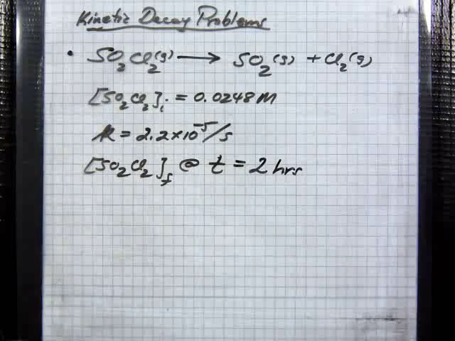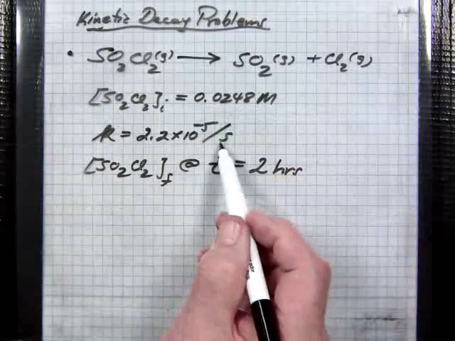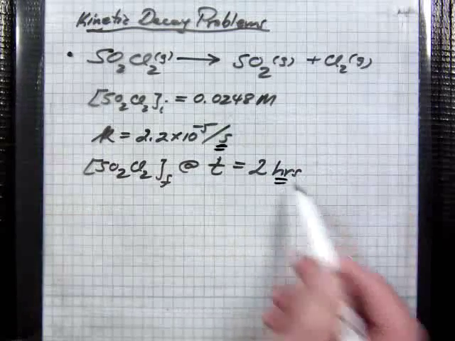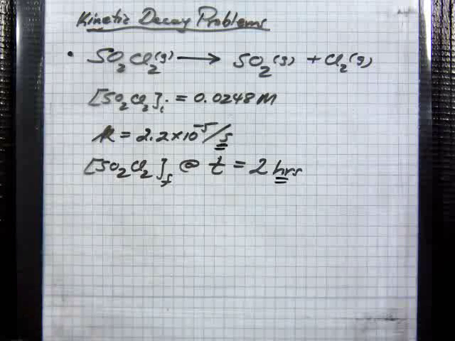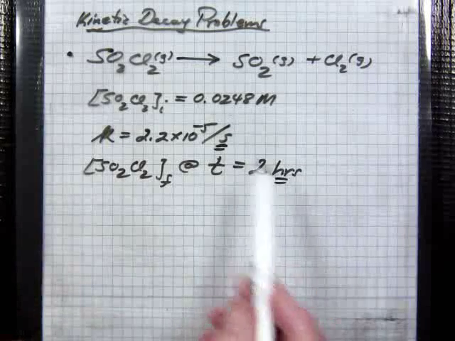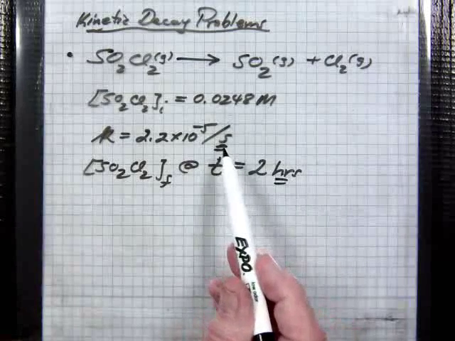Okay. Now here we have a rate constant given in seconds and an expression and a question given in hours. Now you want to do one of two things. You can convert your time to seconds or your seconds to hours.